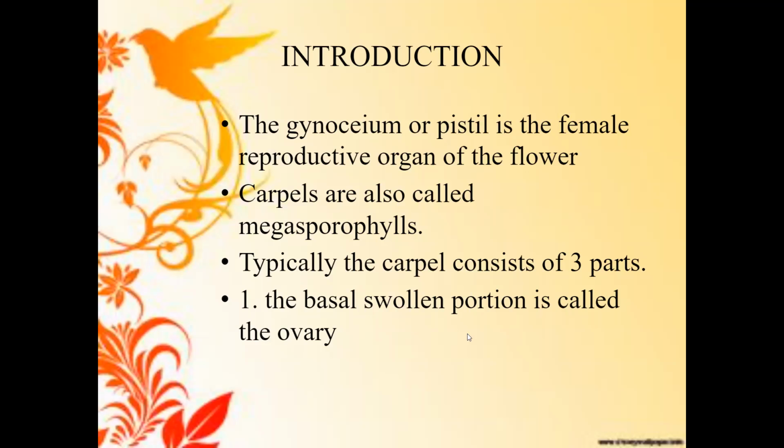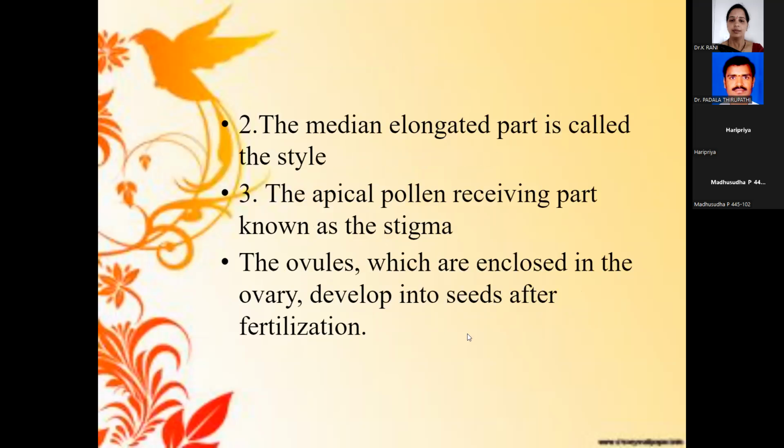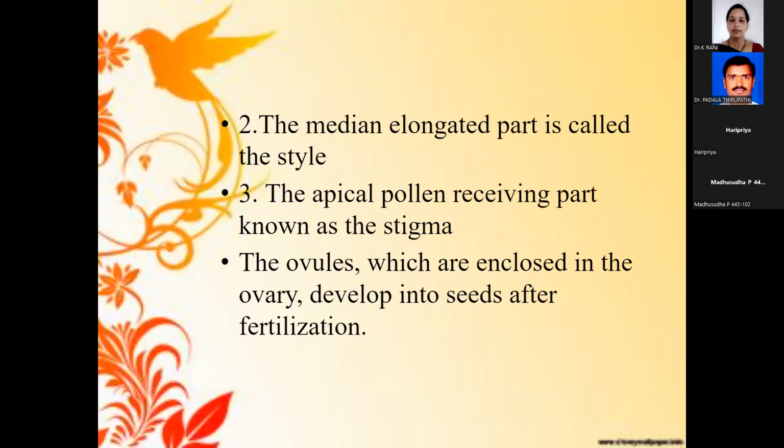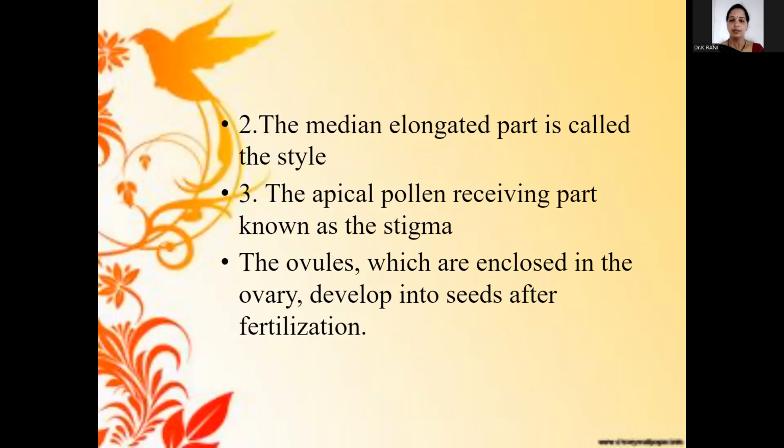The basal swollen portion is called the ovary, the median elongated part is called the style, and the apical pollen receiving part is known as the stigma. The ovules enclosed in the ovary develop into seeds after fertilization.